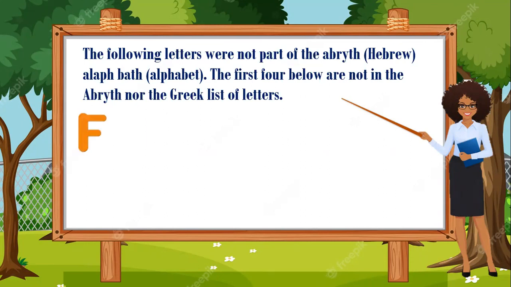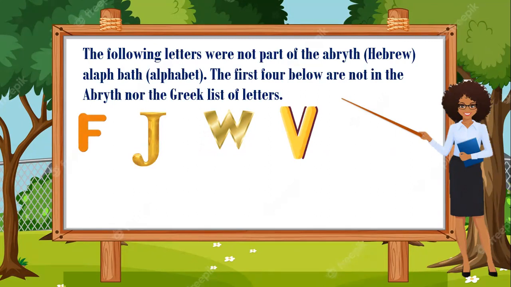They are F, J, W, and V. These letters you will find are in modern translations and also represented in the translations for the Aramaic script, but they were not part of nor represented in the original Paleo script, nor the pictographs. They were not part of the Abryth language at all. Neither were they part of the Greek words or letters.